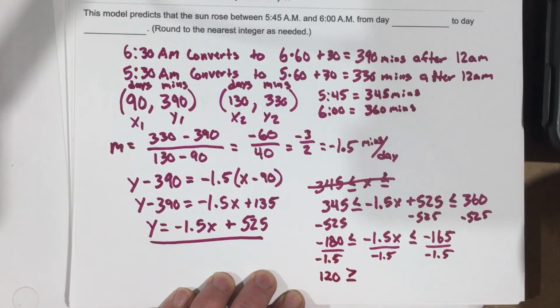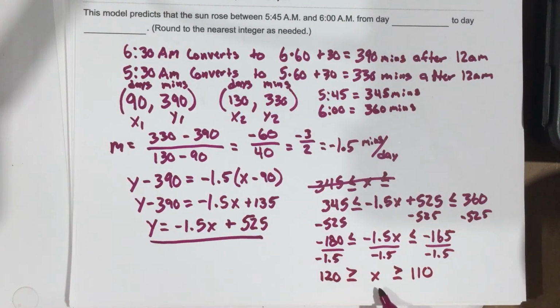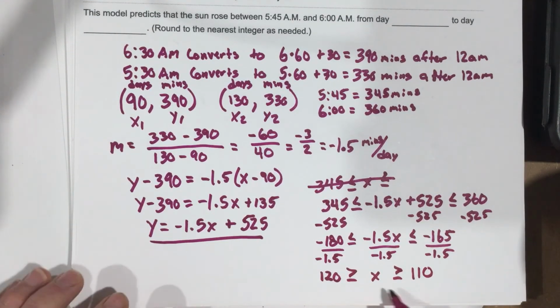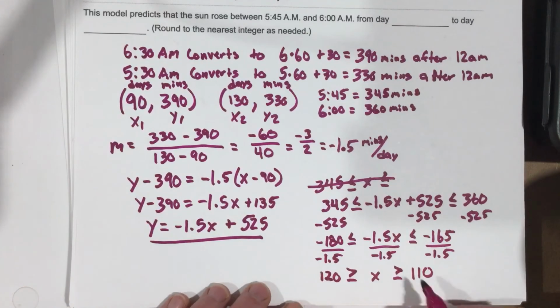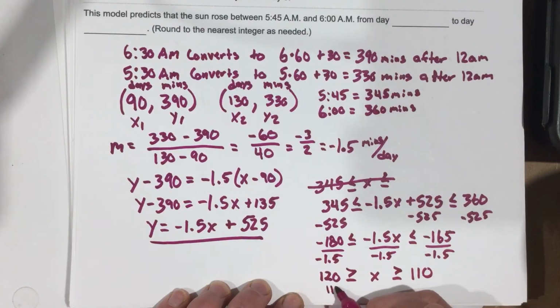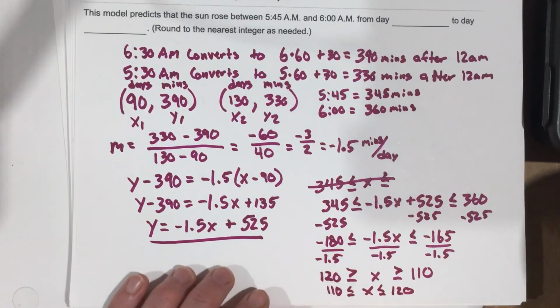So that's now 120 is greater than or equal to x, which is greater than or equal to 110. So my days have to be from 110, as the smallest, to 120. I like to rewrite these so the less than signs point toward x: 110 is less than or equal to x, less than or equal to 120. So between 110 and 120, that's our solution.